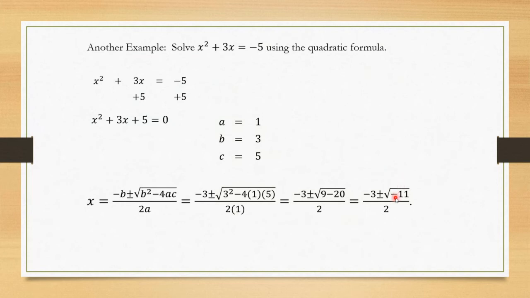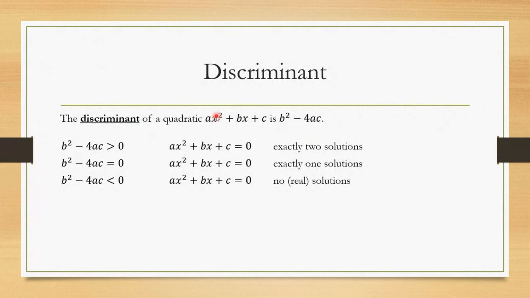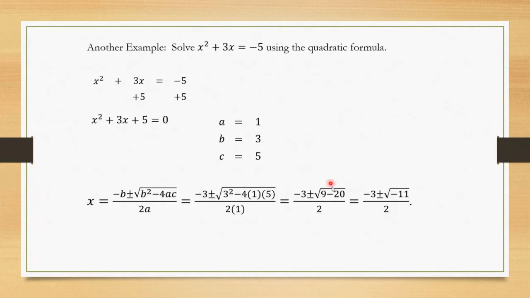But right, if you have a negative under the radical, in this class we won't have any solutions because our solutions would be complex numbers. And before I get to more examples, let me point this out. The radicand here is b squared minus 4ac.